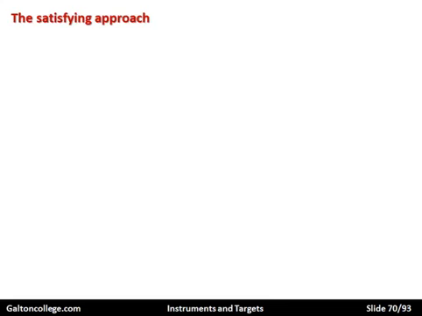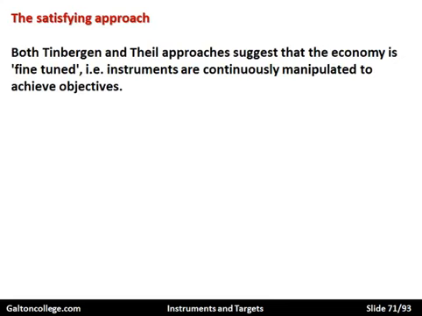There's also a satisficing approach. Both Tinbergen and Theil approaches suggest that the economy is fine-tuned, i.e. the instruments are continually manipulated to achieve objectives. So it meant that the government was constantly involved in the economy, trying to regulate the economy, trying to fine-tune the economy to bring about exactly no unemployment or very low levels of unemployment, very low levels of inflation.